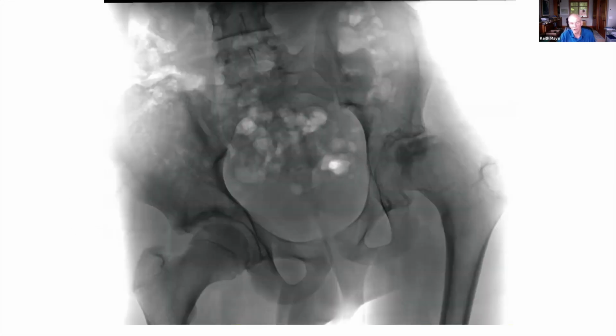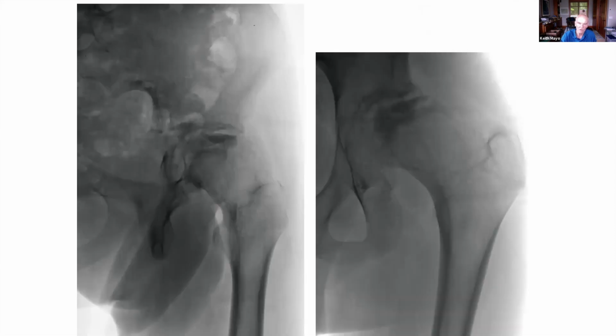Cases. This is a 14-year-old that about 18 months prior to this had dislocated his hip skiing and now has a very large necrotic segment of his epiphysis in this view.